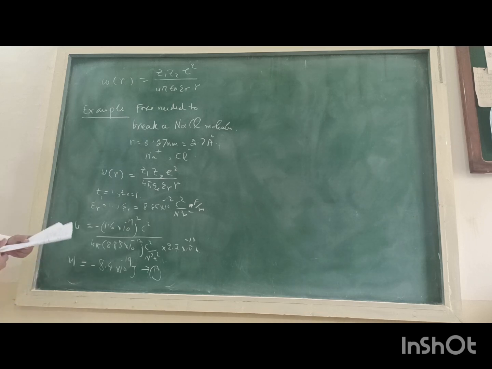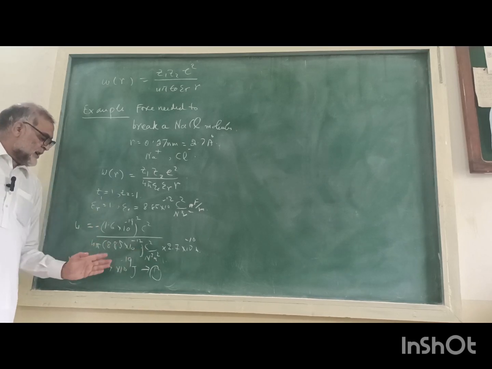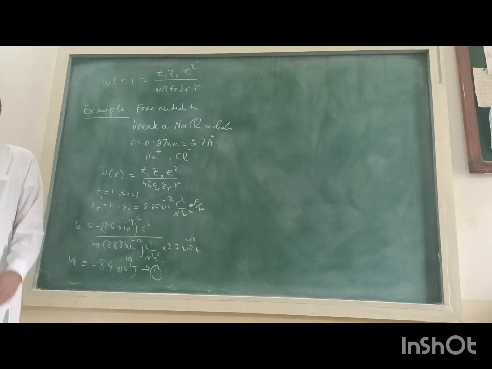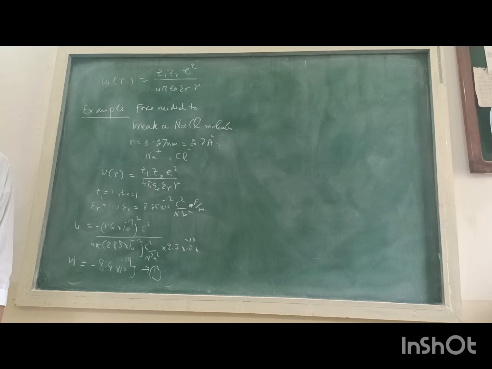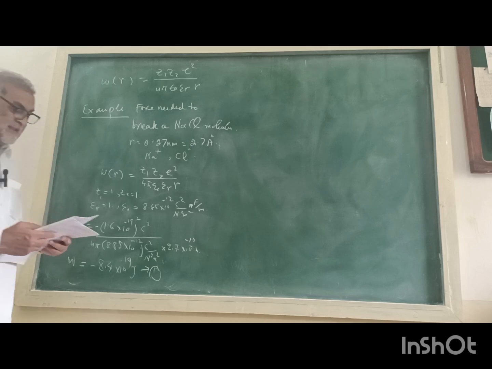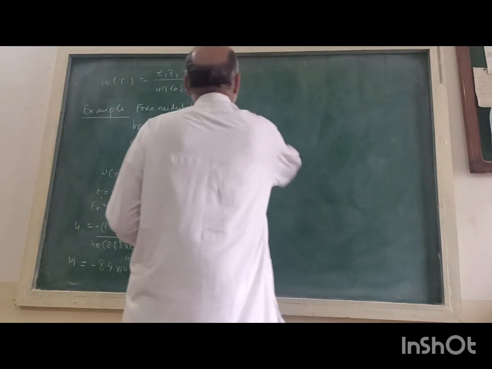The negative sign is just to show us some meaning. Otherwise, this energy is needed: 8.4 times 10 to the power minus 19 joule is needed to break a sodium chloride molecule, right?